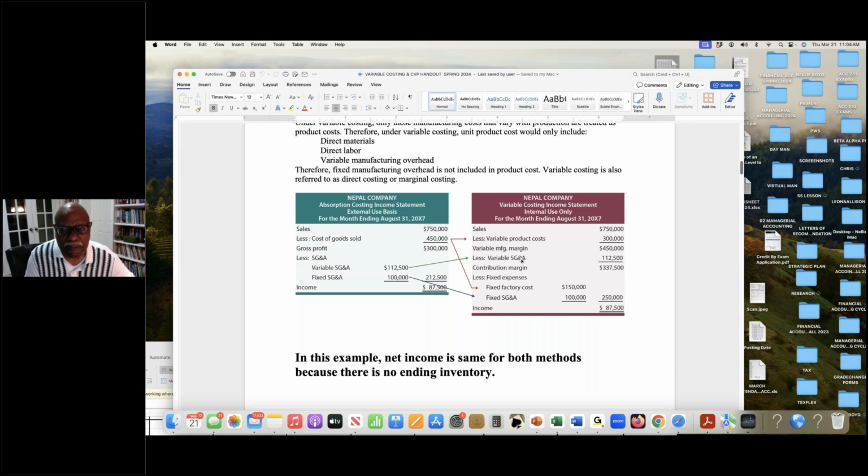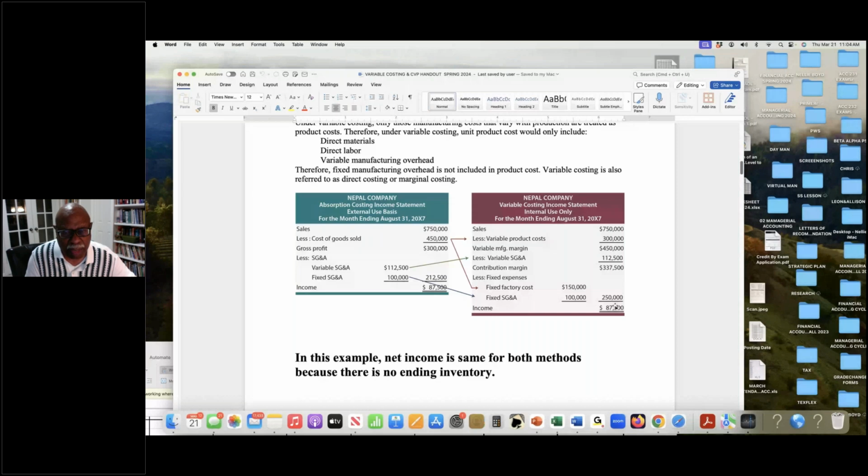Less the selling and administrative expenses gives us the contribution margin. So all the variable expenses are subtracted first to get to a contribution margin. Then we subtract the fixed expenses to get to the net income.